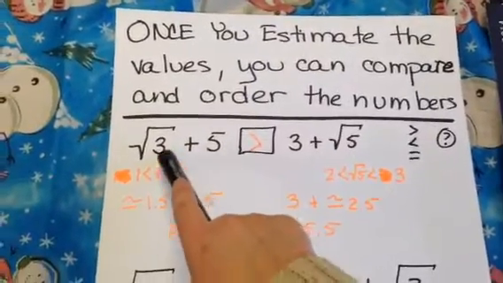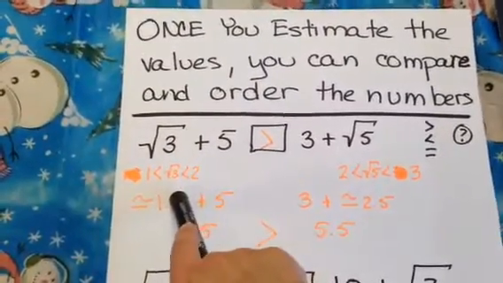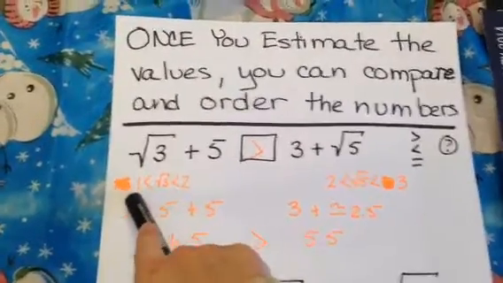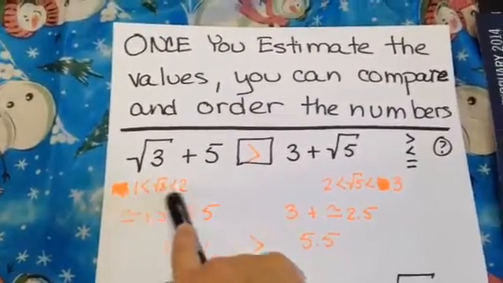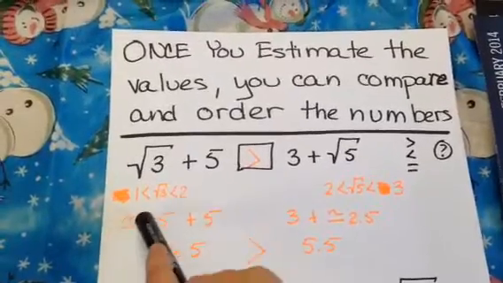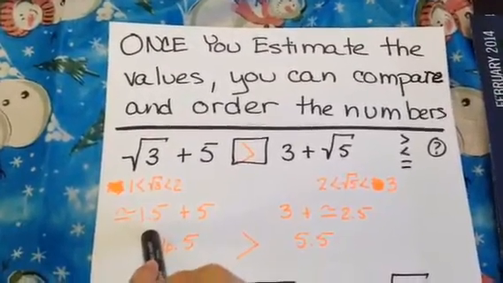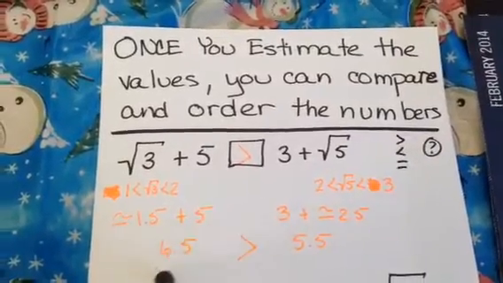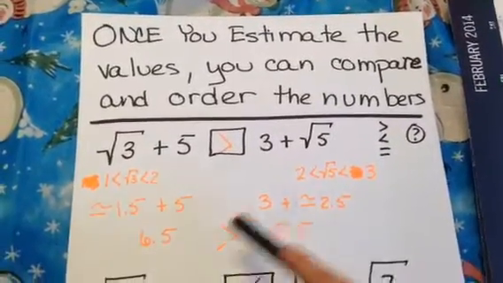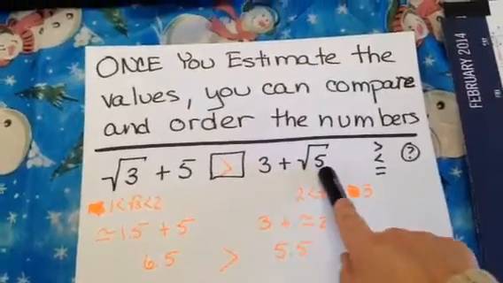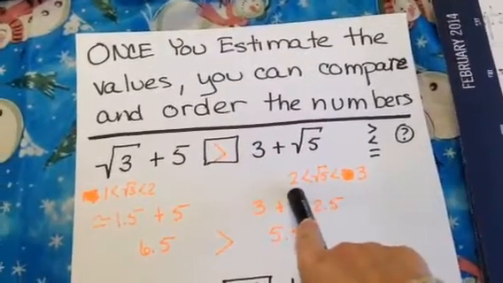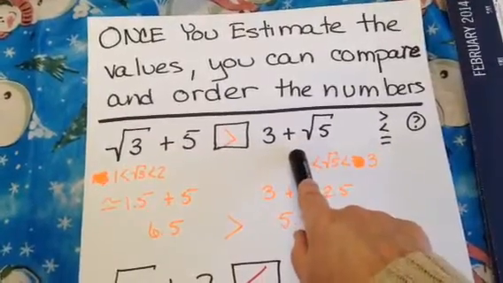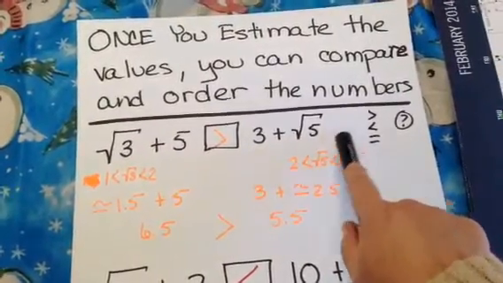So the first thing I do is I estimate. My square root of 3, I can estimate between 1 and 2, because that's going to still be between the square root of 1 and the square root of 4. So it's going to be approximately equal to 1.5. All right, so now 1.5 plus 5, well, this side is approximately equal to 6.5. On this side, my square root of 5, I know is going to be in between 2 and 3, because the square root of 5 would be in between the square root of 4 and the square root of 9.